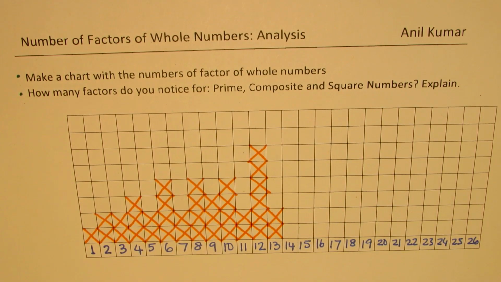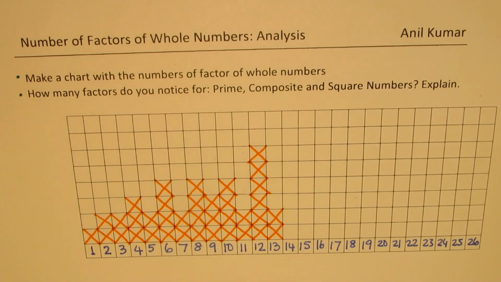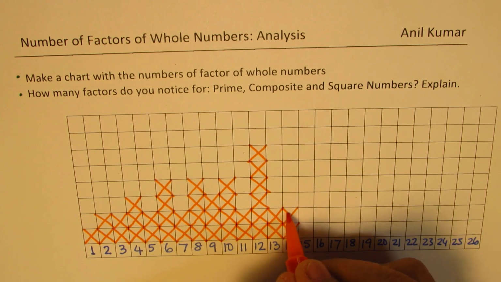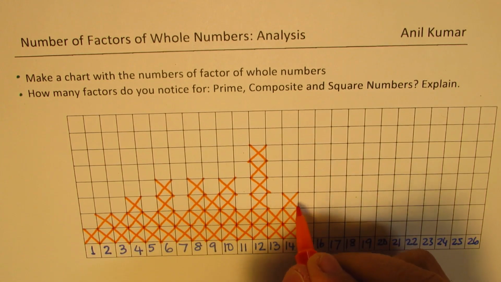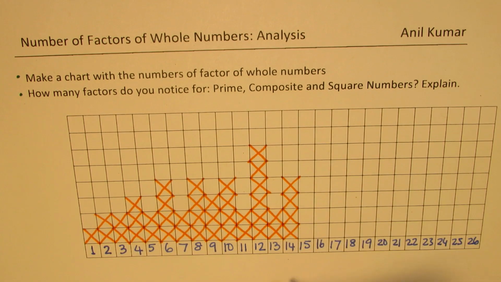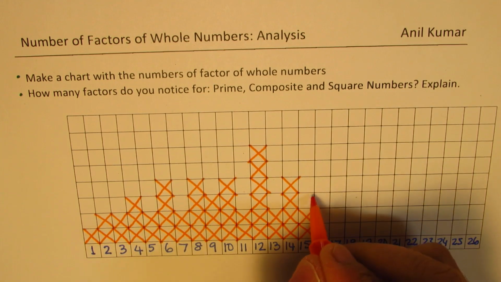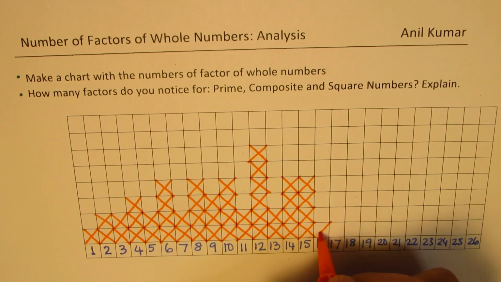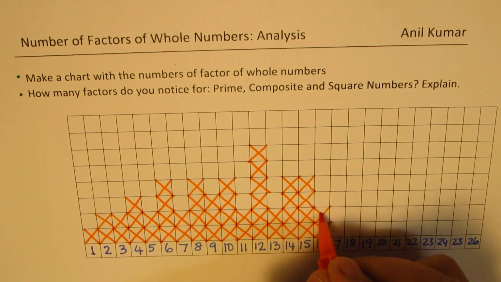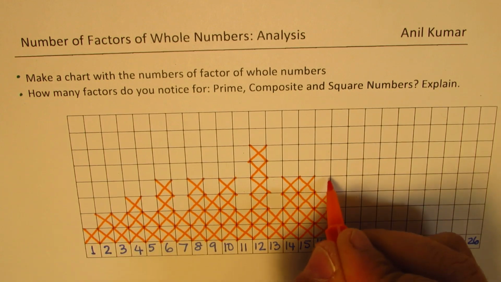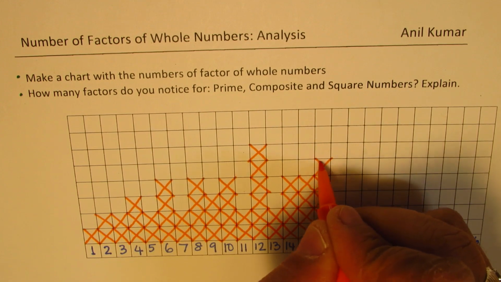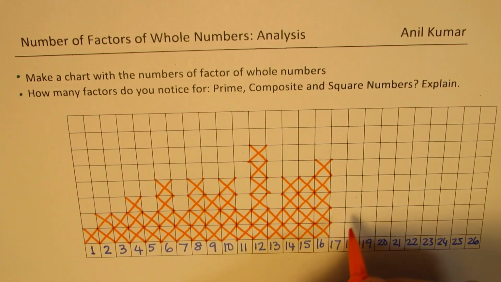14. The number 14 now. 1 times 14 is 14, and 2 times 7 is also 14. So it has 4 factors. 15. 1 times 15, and then 3 times 5, right? 16. 1 times 16, 2 times 8, it doesn't go by 3, but 4 times 4 is also 16. 17 is a prime number.